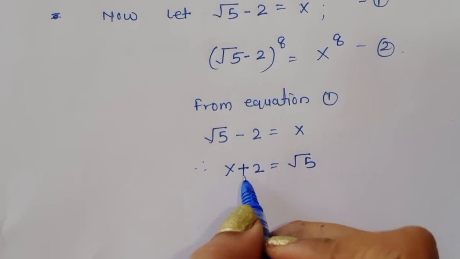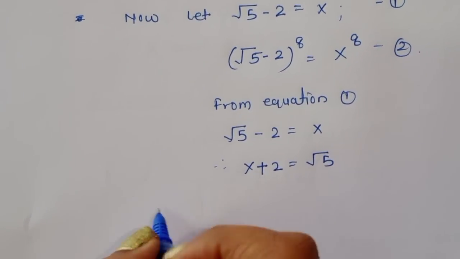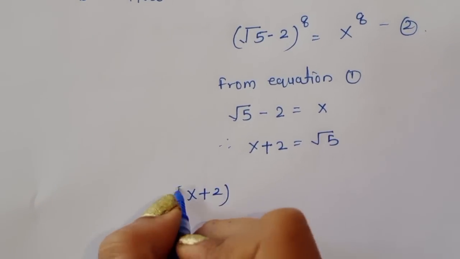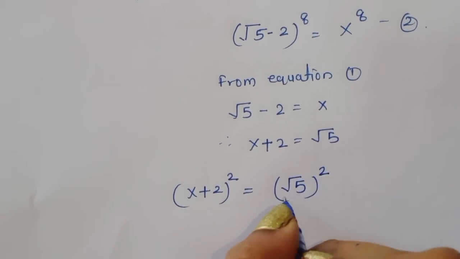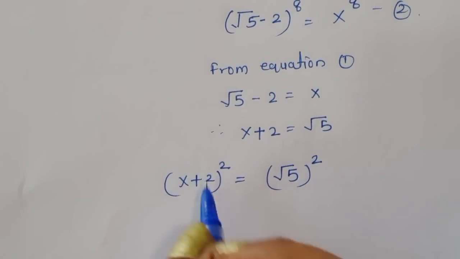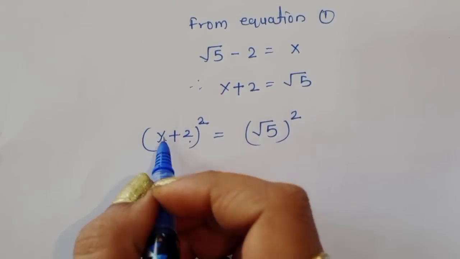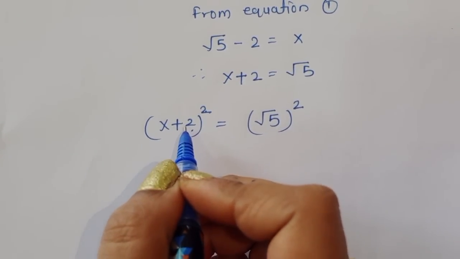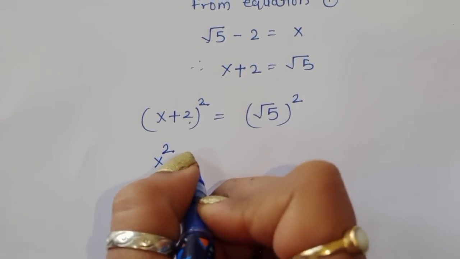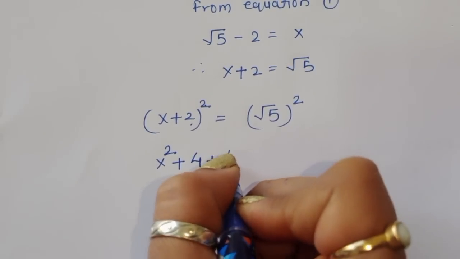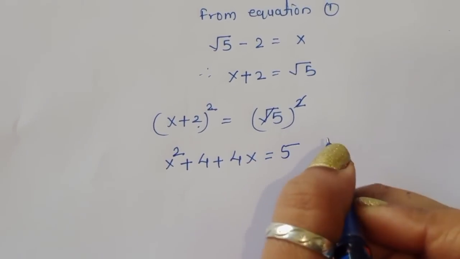Now x plus 2 is equal to square root of 5, so we can take the square of both sides. So x plus 2 whole square is equal to square root of 5 whole square, because we have to remove this square root. That's why we are taking the square. Now x plus 2 whole square: the formula of a plus b whole square is a square plus b square plus 2ab. So we are using that formula here. So x square plus b square, that is 4, plus 2ab, that is 4x, is equal to 5, the square is cancelled with the square root of 5.